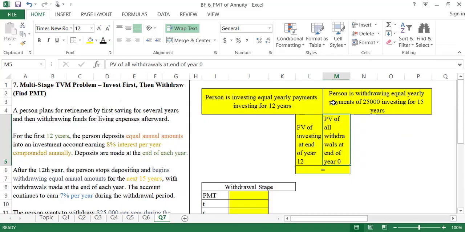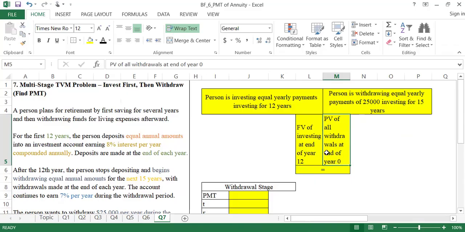But notice for this 15-year timeline, the second timeline of 15 years, year 12 is actually year 0. Because once 12 years are gone and he starts withdrawing, that's another timeline starting. And that period is 0. So in this question, we have to do two things. First, we have to find the present value of all the withdrawals.